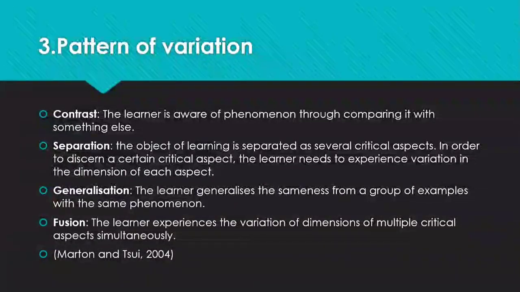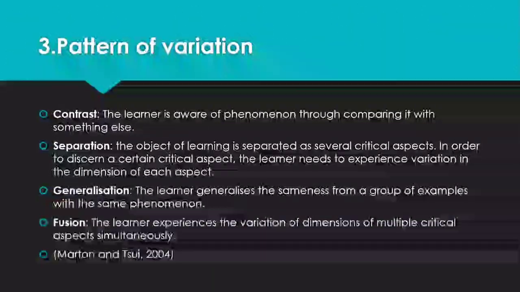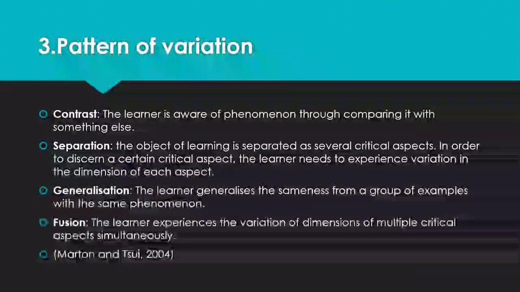For example, the learner will experience the increase and decrease of supply while consumption is invariant at this time. And then the learner experiences the increase and decrease of consumption while supply is invariant.